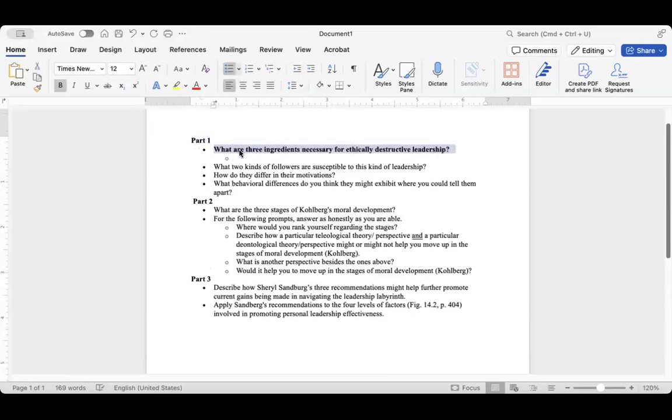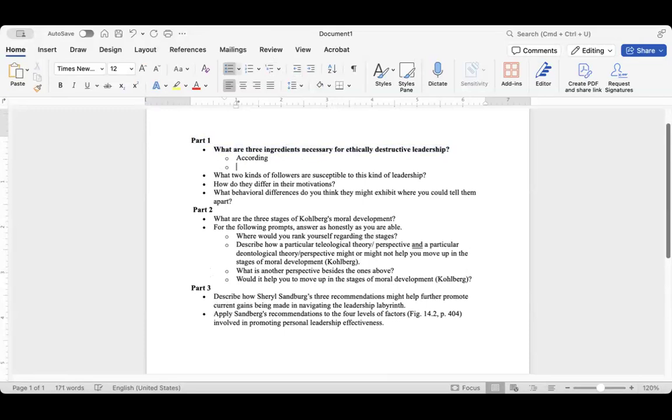And we'll just fold that to contrast the question and the answer, you're probably going to be saying, well, either this is my opinion, and to me, the three necessary ingredients, or according to author date, the three ingredients.